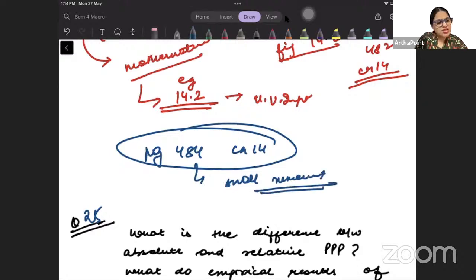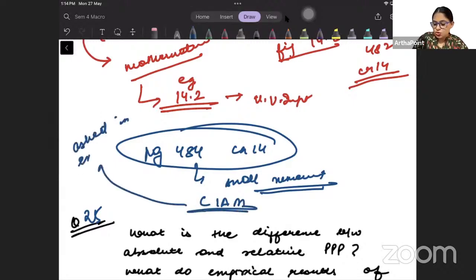Again, बहुत छोटा सा न्यूमेरिकल है in which you have to calculate CIAM. This can be asked in an exam. तो जहां जहां पे मैं आपको बोल रही हूं that do this numerical, it can be asked in exam and you must go ahead and do this. So please go ahead and do this छोटा सा 3-liner numerical of deriving CIAM, right?